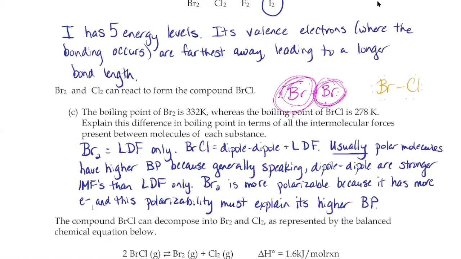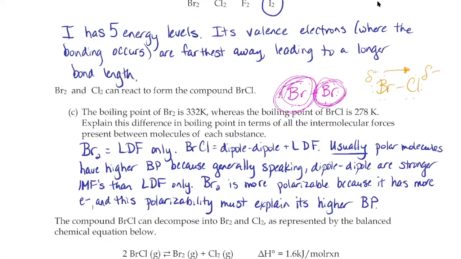And as a result, the electrons are going to build up probably a little bit closer to the chlorine than they are the bromine, making this side a little bit negative, this side a little bit positive, just due to their differences in electronegativity. So dipole-dipole, generally speaking, is a stronger intermolecular force than London dispersion forces are. Generally speaking, polar things have higher boiling points as a result because they have those stronger intermolecular forces.